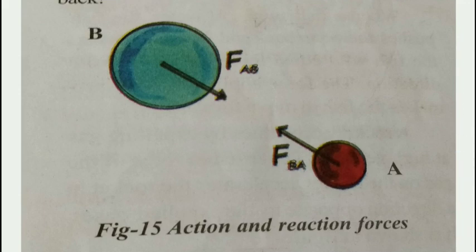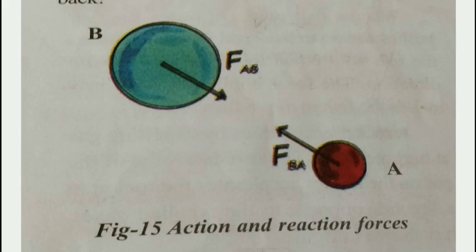Here I have given two different objects, children, and these two are interacting with each other. That means both are applying force on each other. FAB here shows the force applied by object B on A, and FBA shows the force exerted by body A on B. These two will always be equal in magnitude.